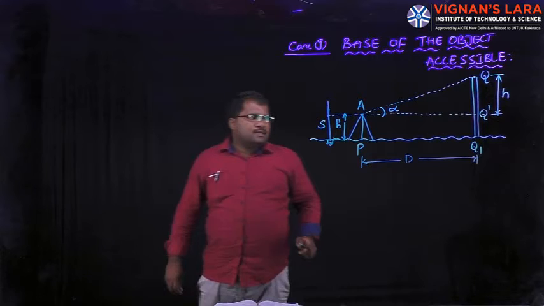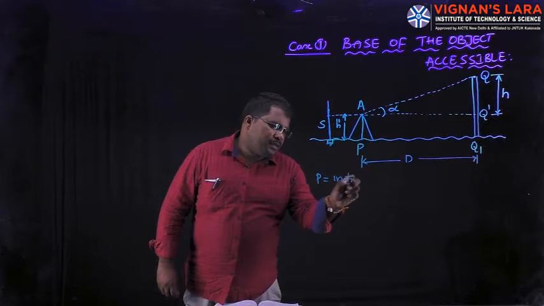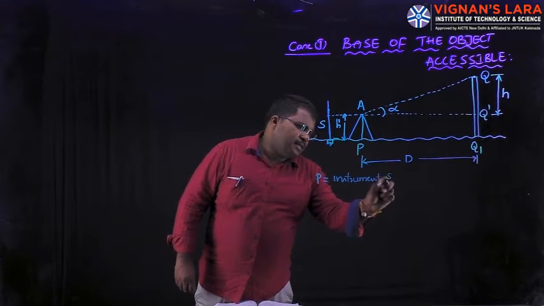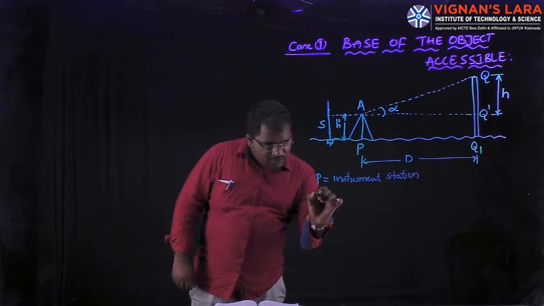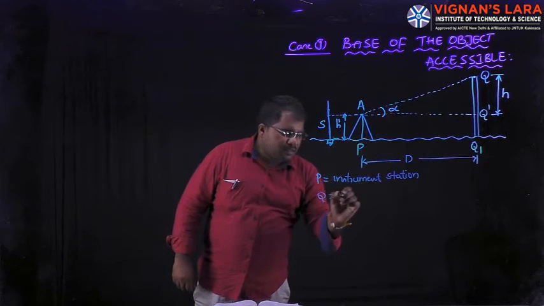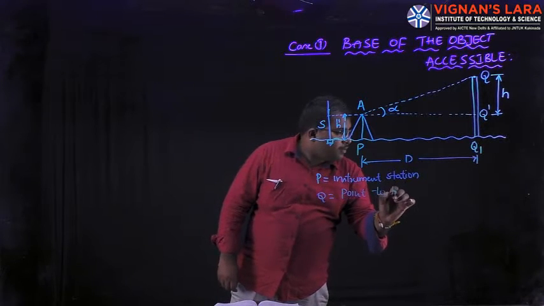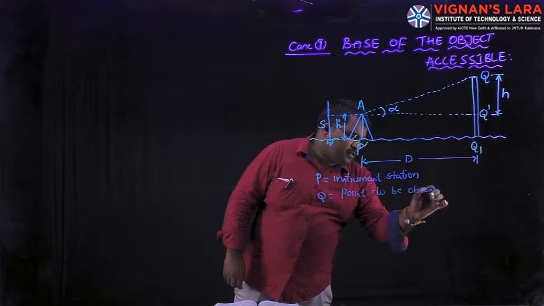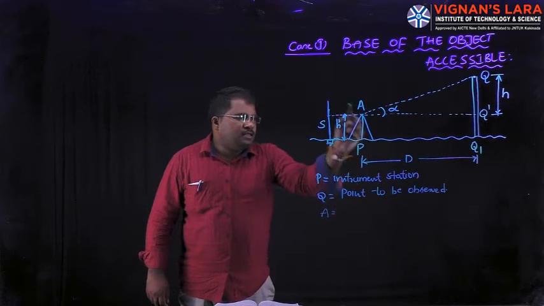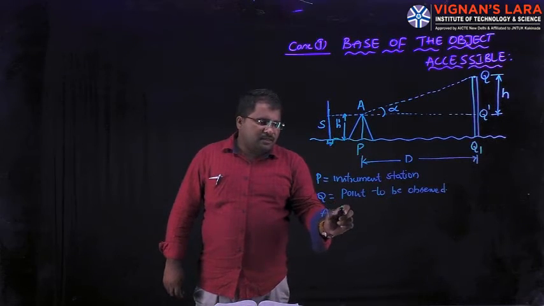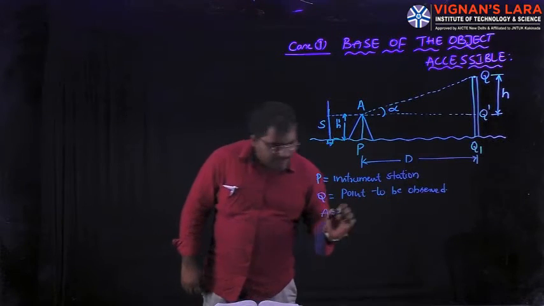Now we will see one by one. The first thing is P. P is the instrument station. Next, Q is the point to be observed. Next, A is the center of the instrument.